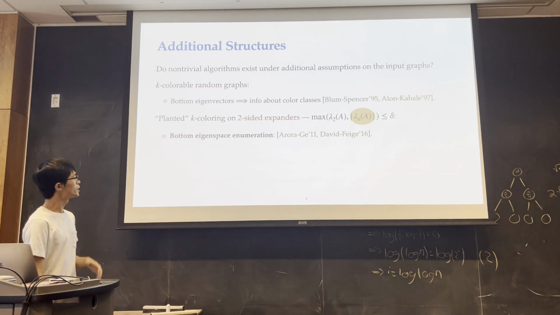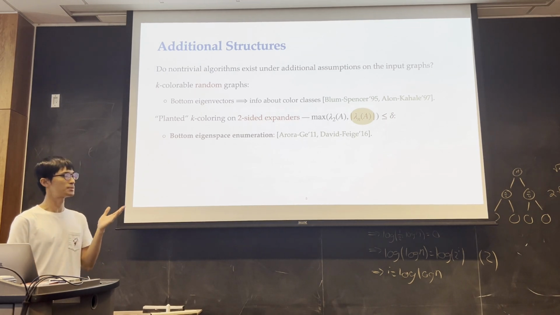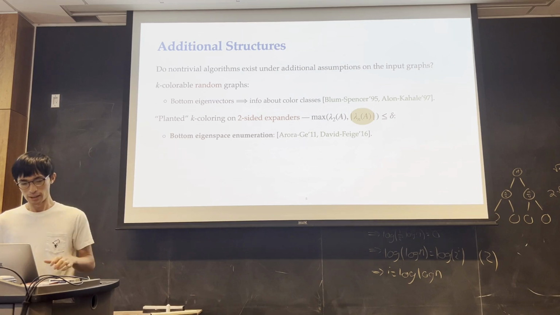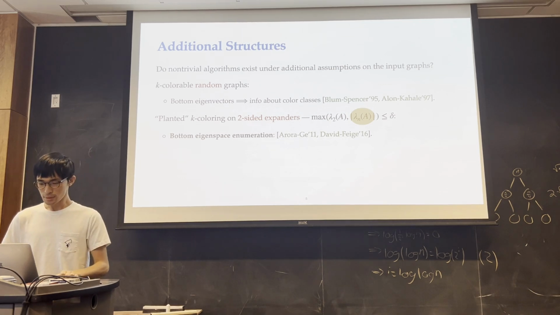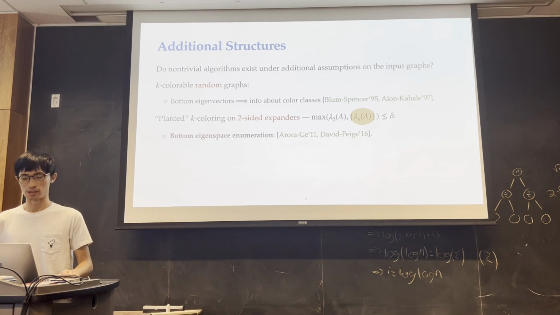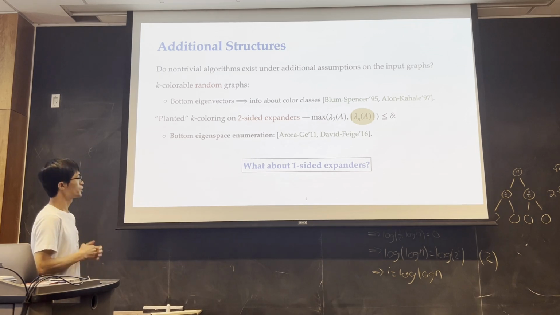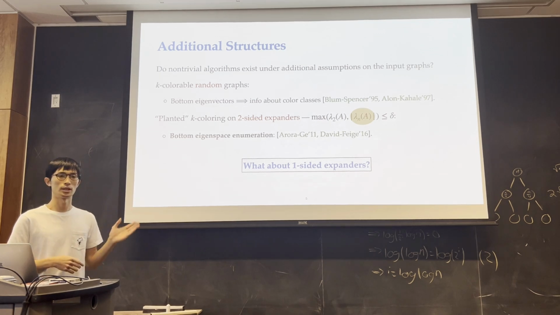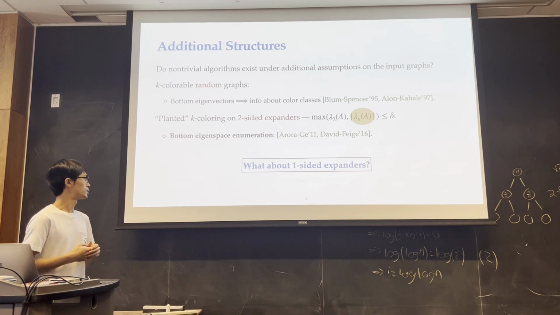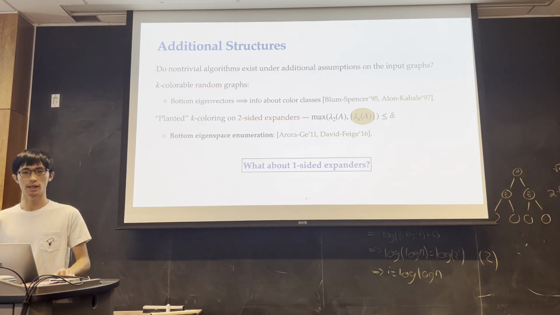So their assumption that lambda n is bounded is not exactly an assumption on expansion. So we can ask, what about if we only have an upper bound on lambda 2 and not lambda n? And this is what we call one-sided expanders.